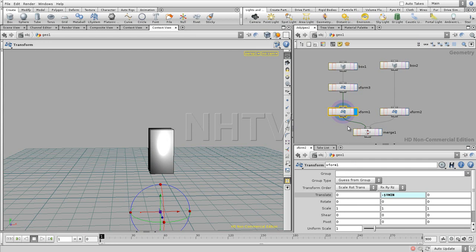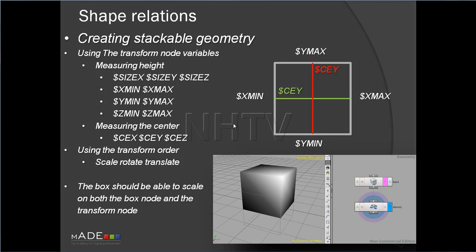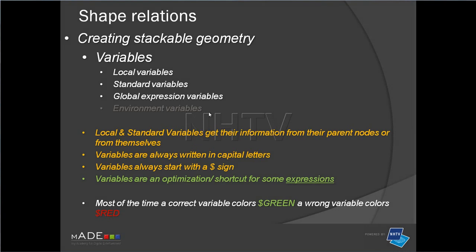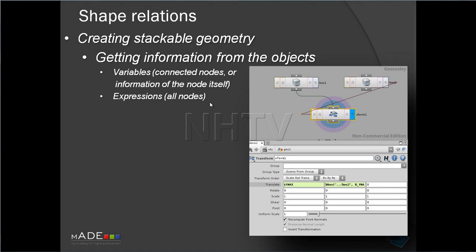Now, we're using variables over here. What are variables? Let me go back over here to our presentation. First of all, what is important to know is variables get their information directly from the node itself or from the connected node.